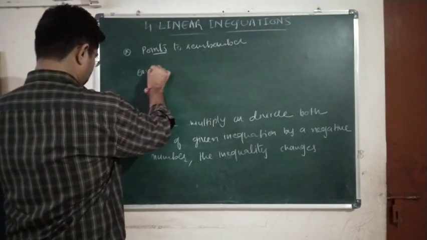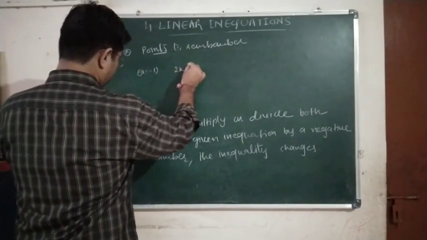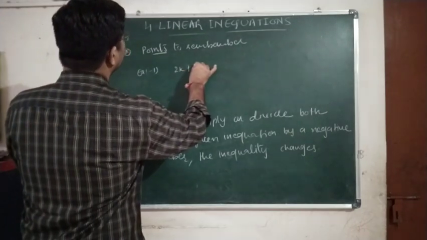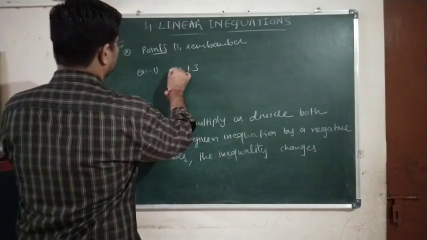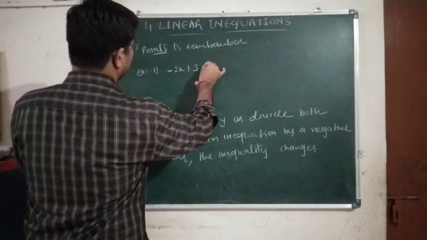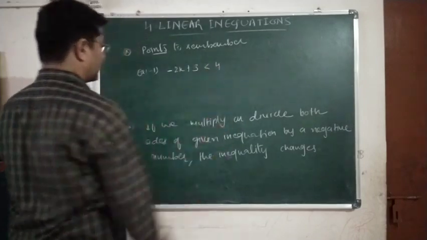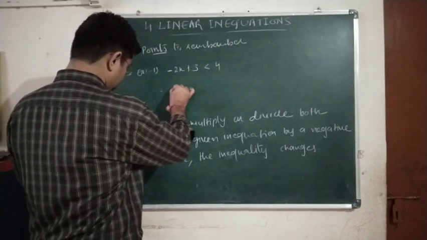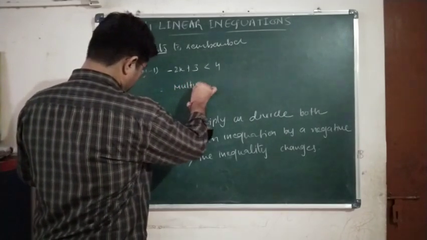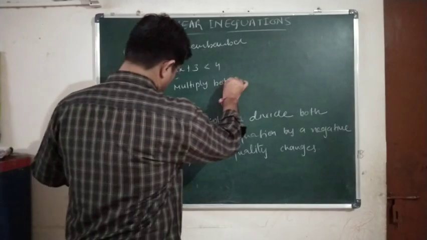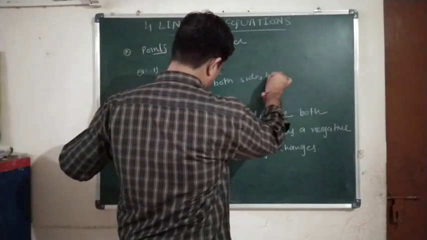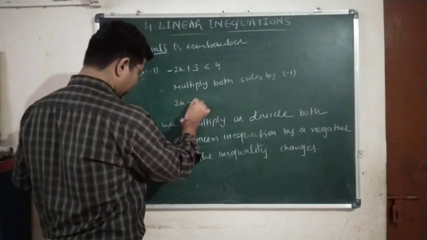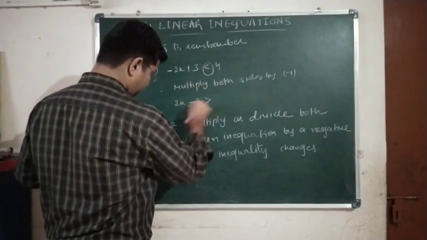Okay, example, suppose we are given minus 2x plus 3 is less than 4. Okay, so if we multiply both the sides by minus 1, so minus minus plus 2x minus 3, now this sign becomes greater than.